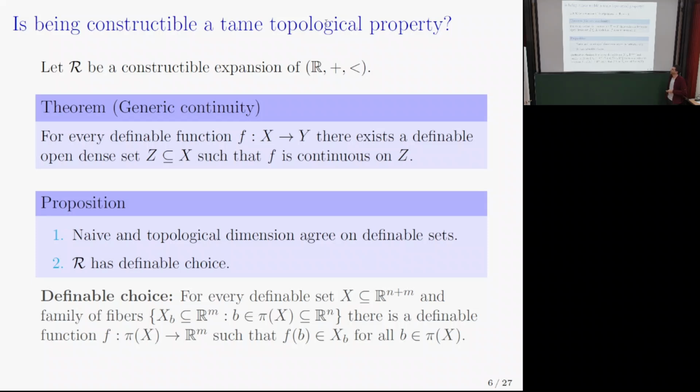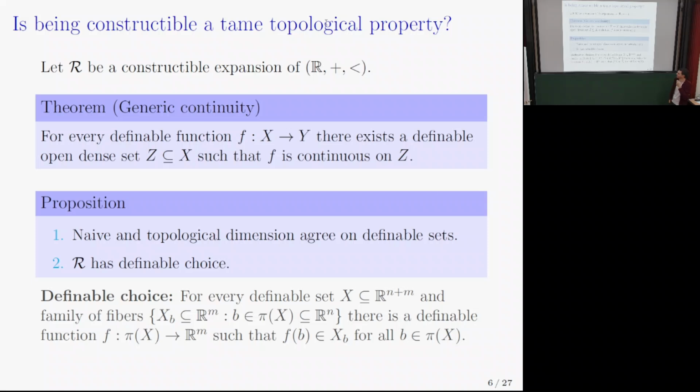So naive and topological dimension of real definable sets. By naive dimension, I mean the usual definition, where it is the largest k such that some projection of your set to some k coordinates has non-empty interior. And topological dimension, I just mean the usual Euclidean dimension. And again, R has definable choice.